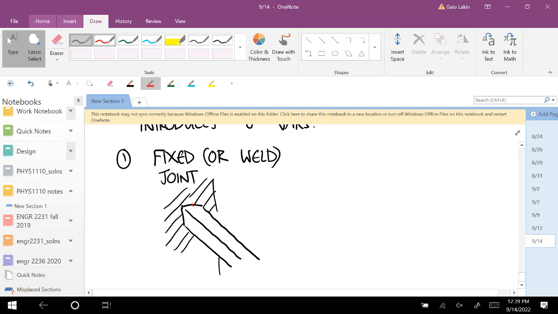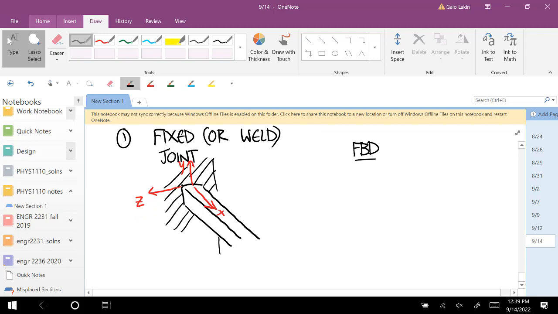I'll call these axes Y up, X along the thing, and Z this way. And so in a free body diagram you have a full force vector and a full couple vector.